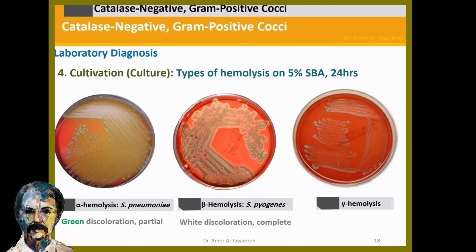Complete hemolysis. An example, Streptococcus pyogenes. And usually in good conditions, you will see the background around the bacteria almost colorless. No blood at all. And the third one, gamma hemolysis, which means no hemolysis at all, and the plate will appear red.